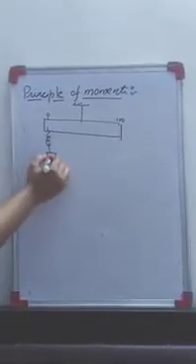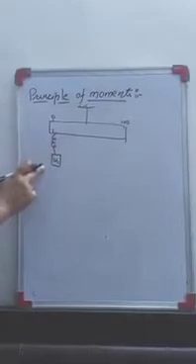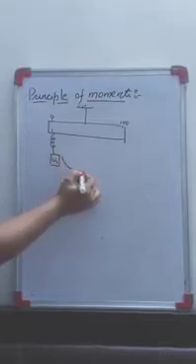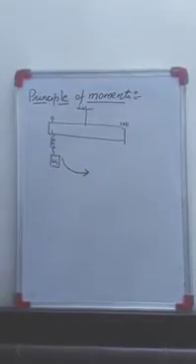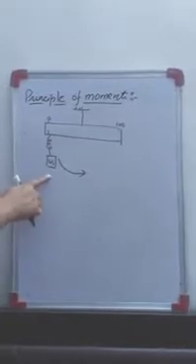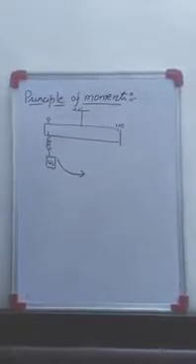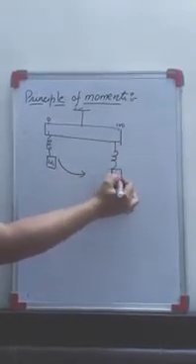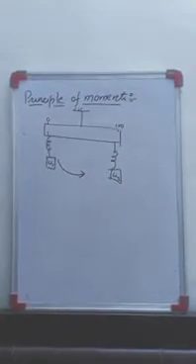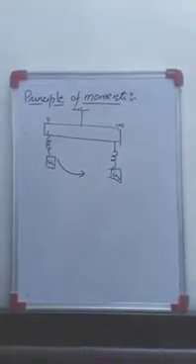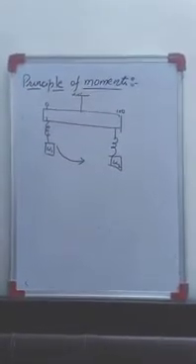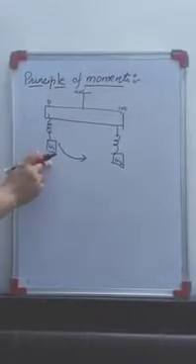But now, as this weight 1 is acting downward at this point, it will try to rotate in the anti-clockwise direction. Now, to make it horizontal, in which direction do I need to put the weight? I need to put it over here. How much weight I need to put and at what distance completely depends upon the moment of it.